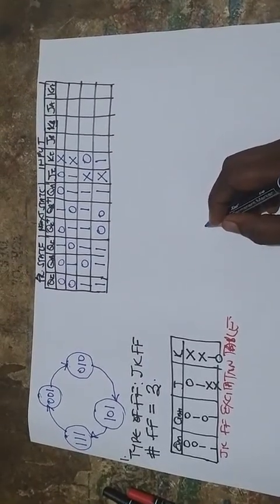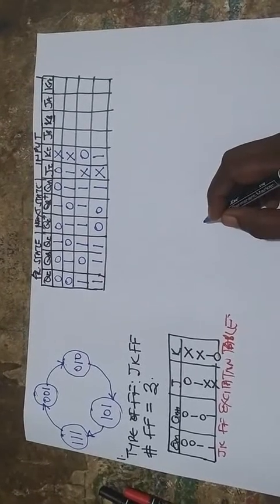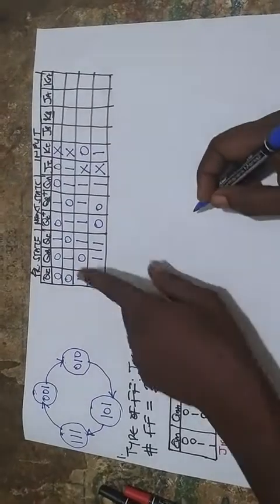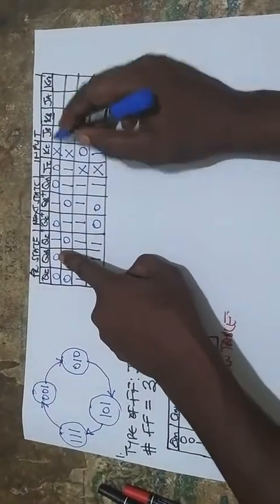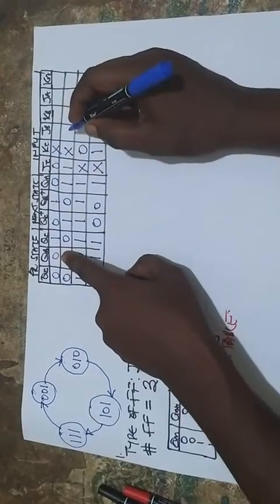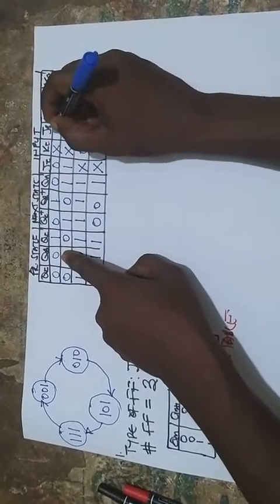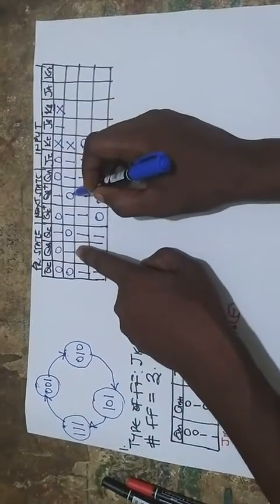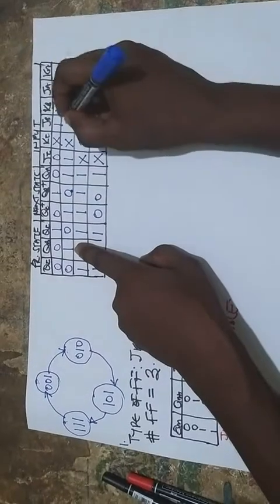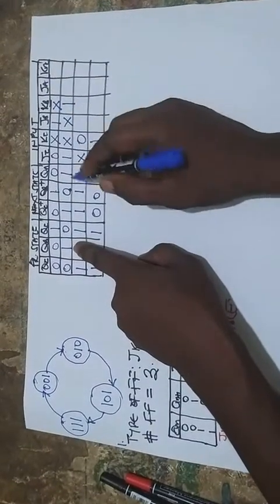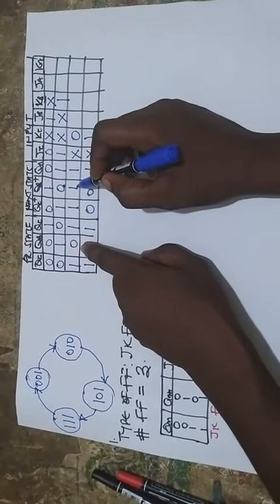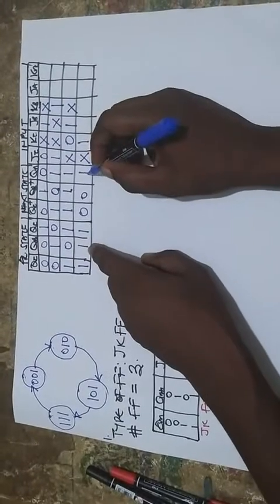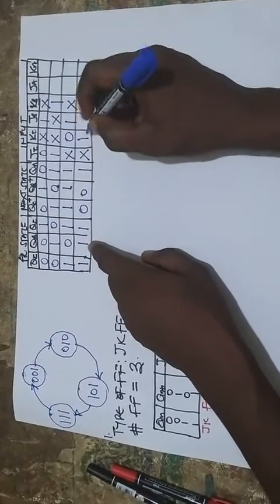Okay, now let's do it for JB. In doing our JB, we compare these two. So 01 is 1, don't care. 10 is don't care 1. 01 is 1, don't care. And then 11 is don't care 0.